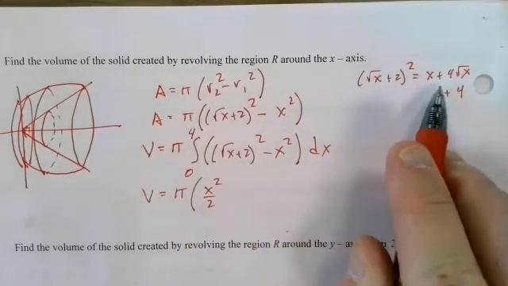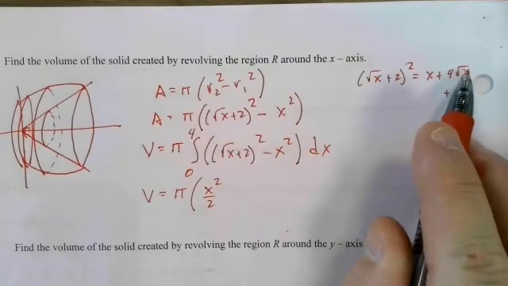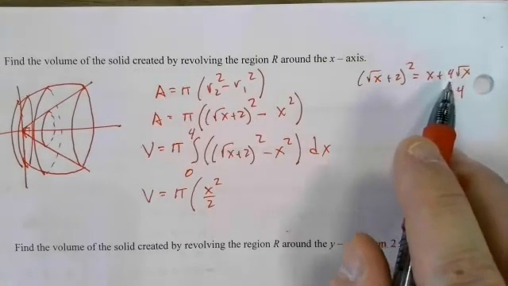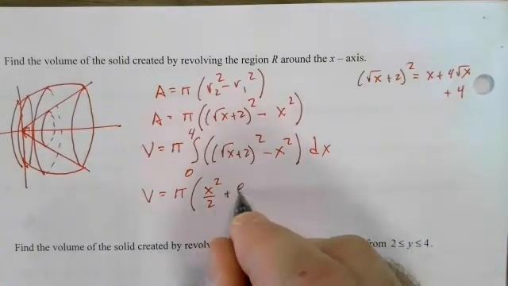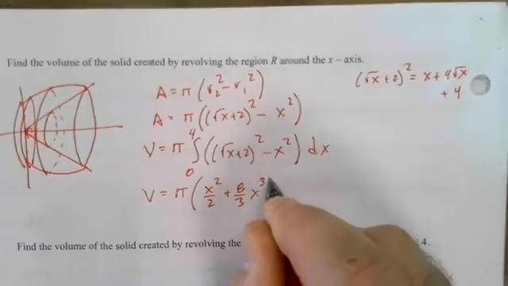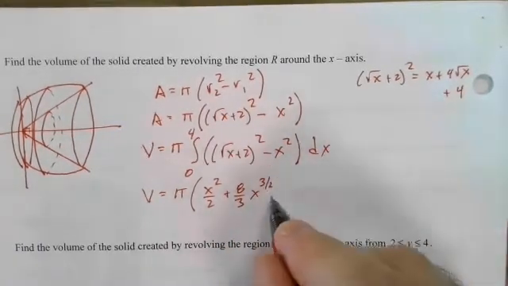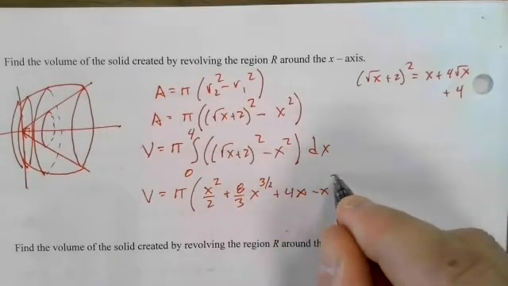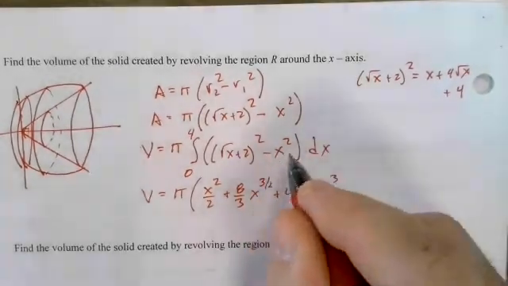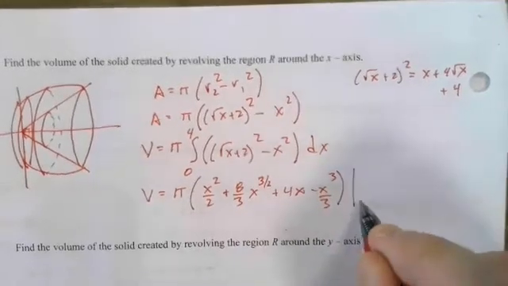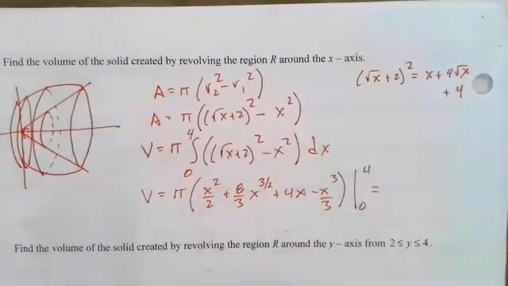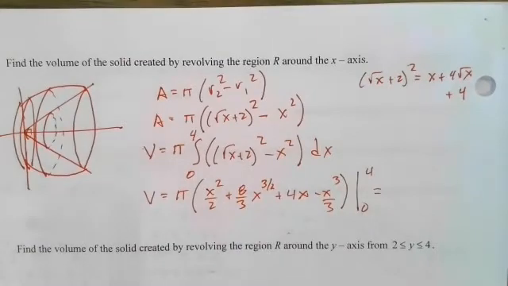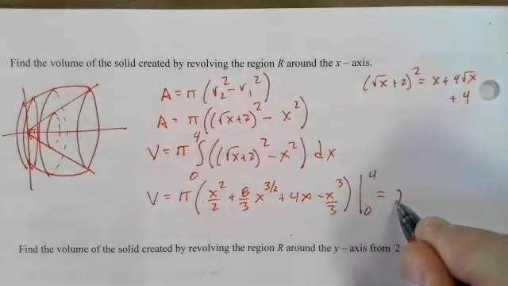That's that one right there. That's x to 1/2, add 1, 3/2 divided by 2/3, 8/3 x to the 3/2, plus 4x, minus x to the 3rd over 3. That's this piece right here. 0 to 4. Gonna keep it simple. We get 24 pi.